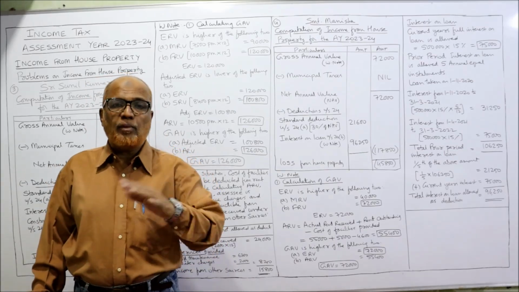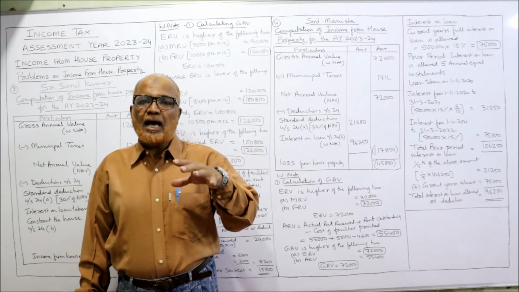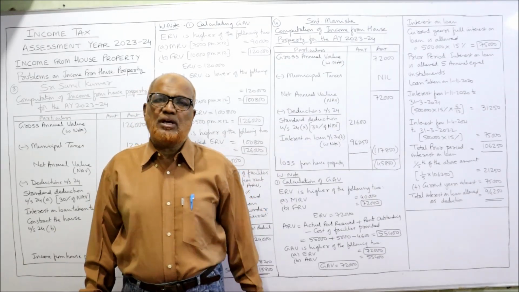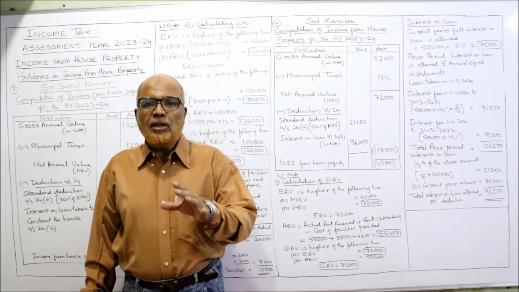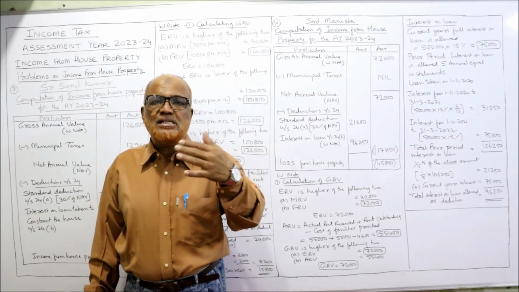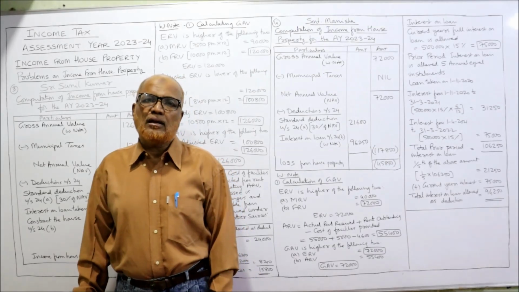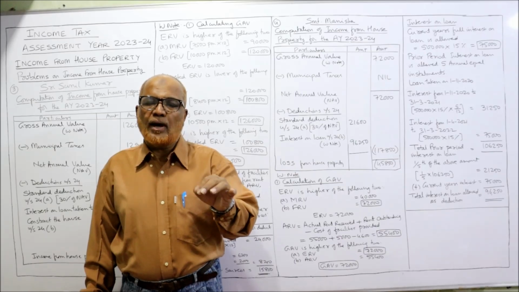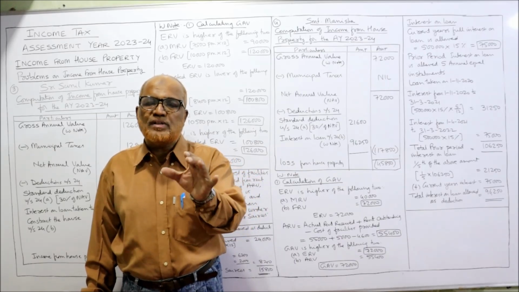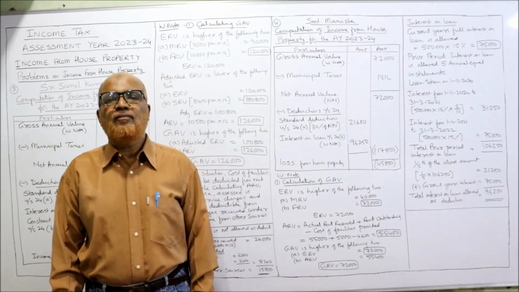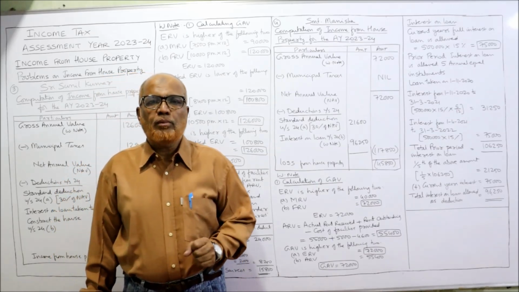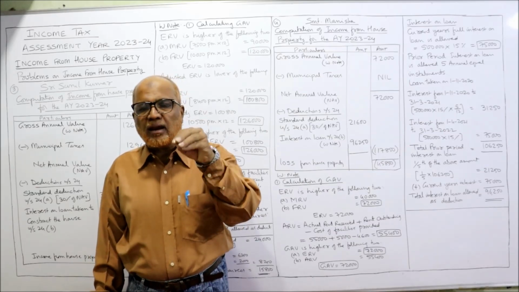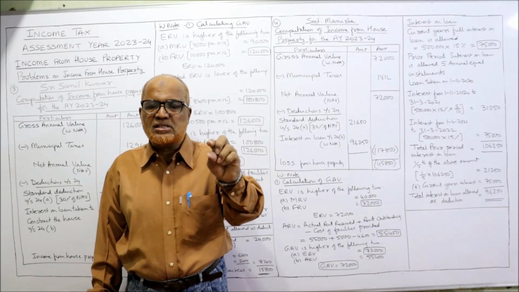Now see here, there is a difference between the previous problem and this problem. The owner is not charging any service charges from the tenant, but the owner is providing some facilities to the tenant. Income Tax Act says any facilities given by the owner and the cost incurred on those facilities will be deducted from ARV. So in this problem, ARV is equal to rent received 55,000 plus rent outstanding 5,000, 60,000.